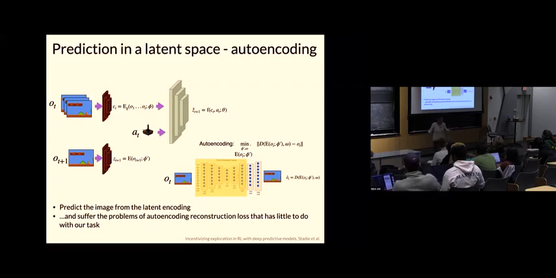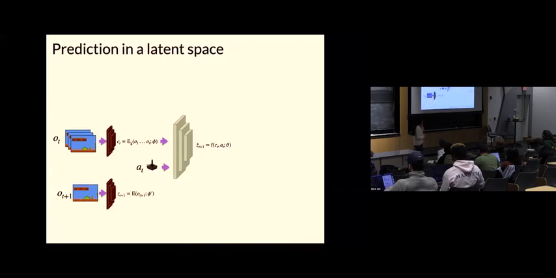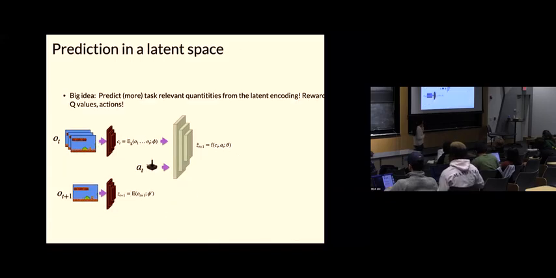If you reconstruct images, then again you're stressing out your latent space to predict task-irrelevant quantities. That's the problem. This is precisely what we're trying to avoid, correct? Exactly. So this is not a good solution, but people tried it.